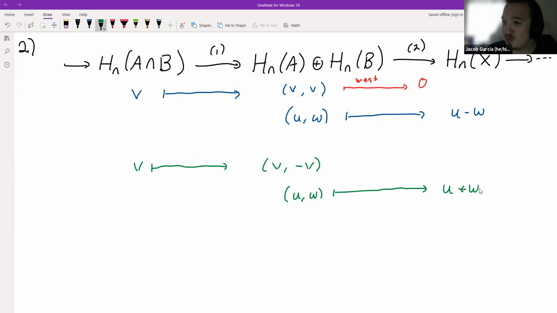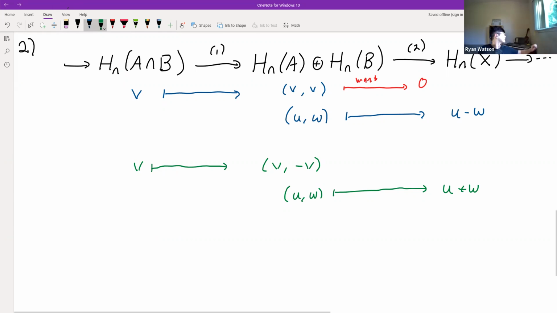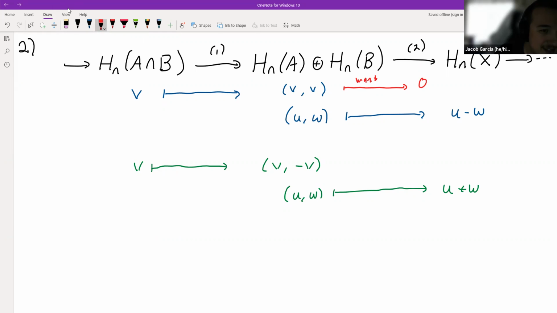You can show that these two maps are conjugate to each other in both cases, so it doesn't actually change what's going on in the homology. So either one of these. Sometimes OneNote just doesn't let me change colors by clicking the preview.